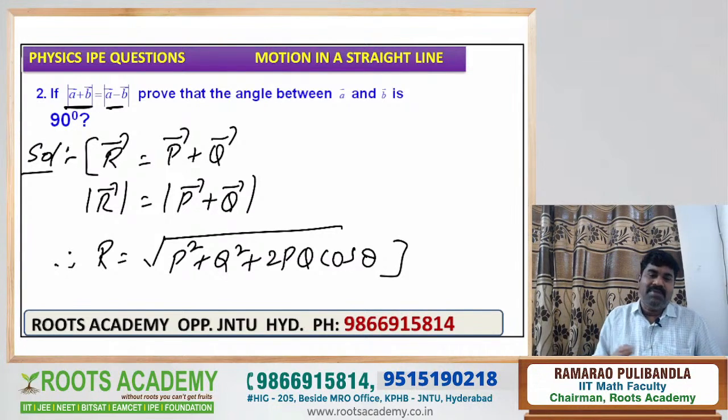And for R bar equal to P bar minus Q bar, that is P square plus Q square minus 2PQ cos theta.